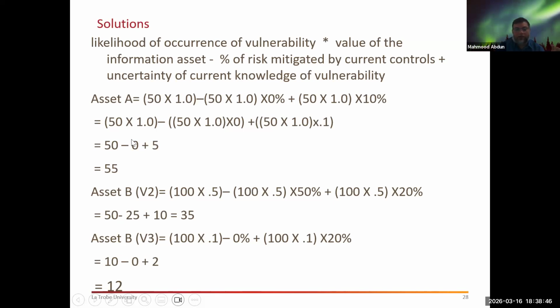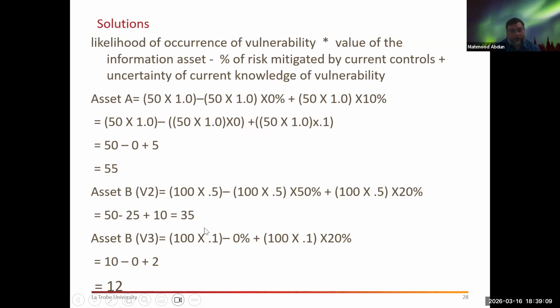Correct? Now, if you look at these two assets of the same organization, which asset has the most risk? Obviously, asset A, right? Asset A has the most risk, and therefore you should control this risk first.